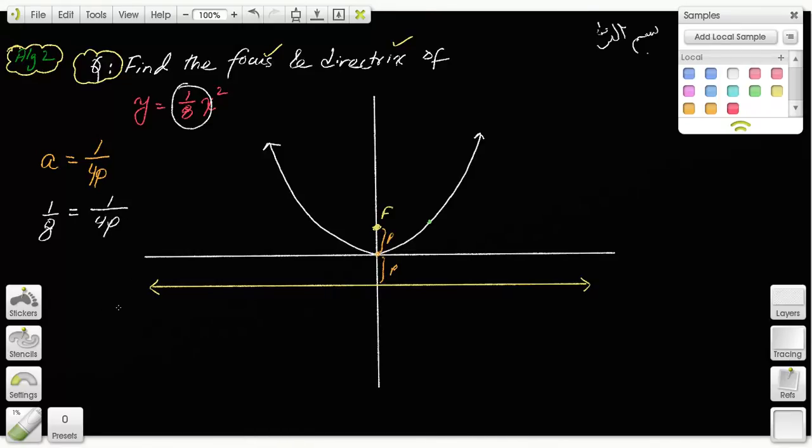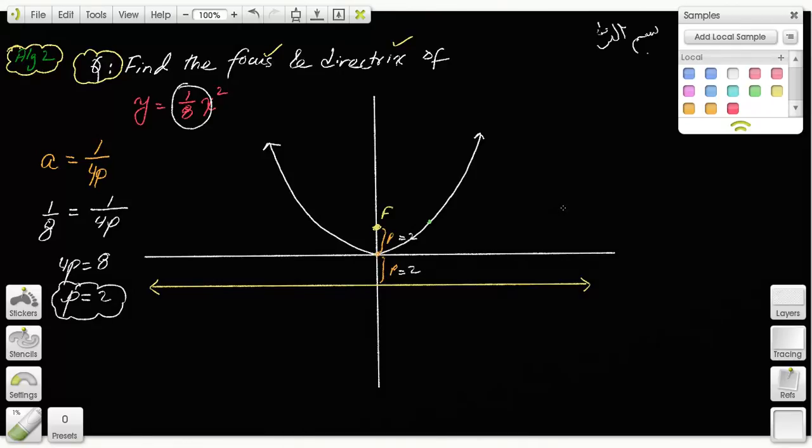Now, you can solve it in various different ways. You can cross multiply, so let's just cross multiply. 4p is equal to 8. Divide both sides by 4, then you get p is equal to 2. Right, so here's p. So this distance now is 2.